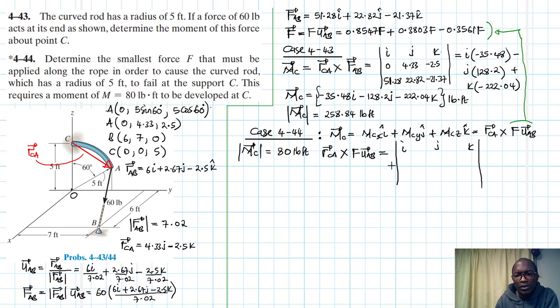So RCA is equal to 0 here, then there we have 4.33, then there we have a minus 2.5, and then we have FUAB. This is equal to 0.8547F. Then this is equal to 0.3803F.